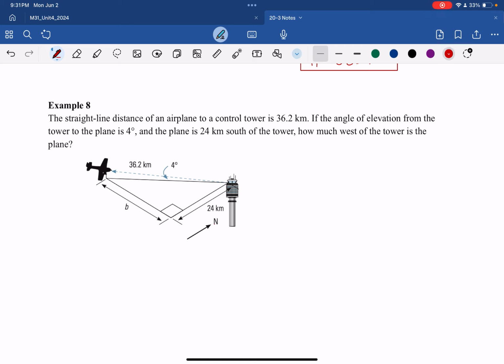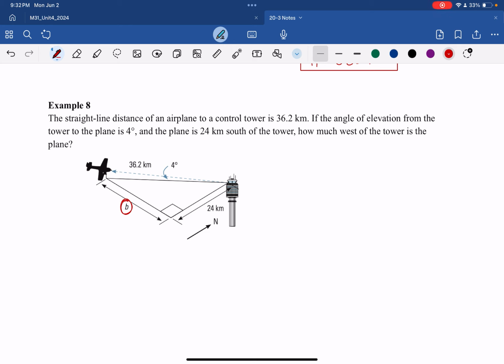So if north is going this way, okay, so we have north, east, south, west. I'm looking west, which will be this distance here. So that's overall what I would like to find. Now, I only have one other piece of information in that triangle. I have that 24.